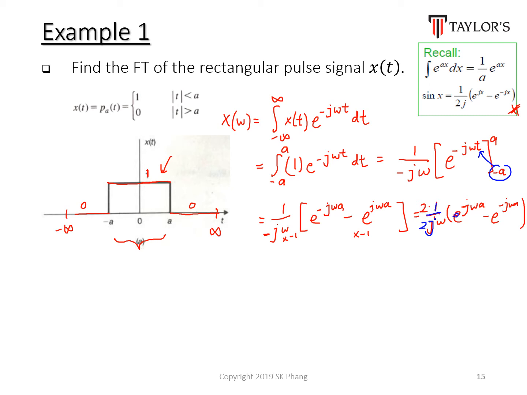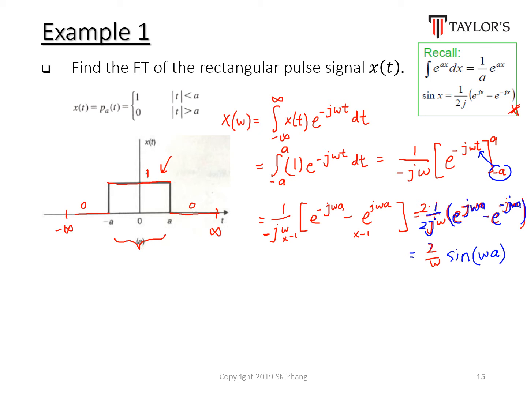Alright, then e power to j omega a minus e power to negative j omega a will give you a sine of omega a, correct? And remember, you have to multiply back this 2 on top and divide by this omega at the bottom. So that is your answer.